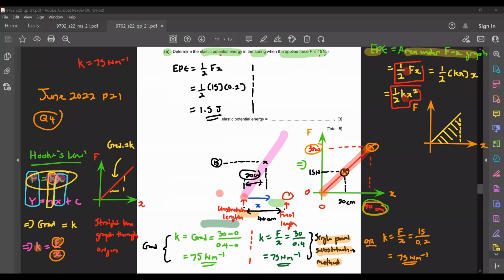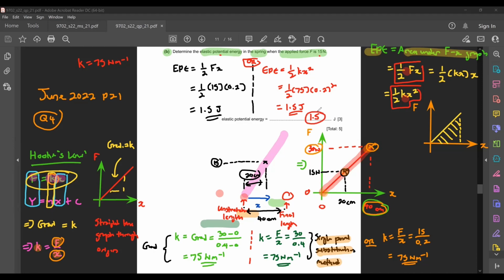Now, if we were to do it a different way, EPE is half kx squared. Since the spring constant was 75, and our extension right now is 20 centimeter, we take the extension, square it, and we get 0.5 times 75 times 0.2 squared. We're still going to get the same answer of 1.5 joules.